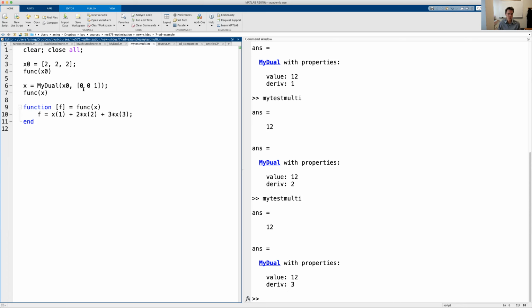In practice, it generally scales better though. That sort of constant in the scaling is usually better, in part because it's not a total black box like complex step and finite difference. If you remember, we operated on the entire function after it was evaluated, whereas these dual numbers are propagating numbers as we go. And so there tends to be a lot of reuse sometimes, right? It depends, but it tends to be more efficient.